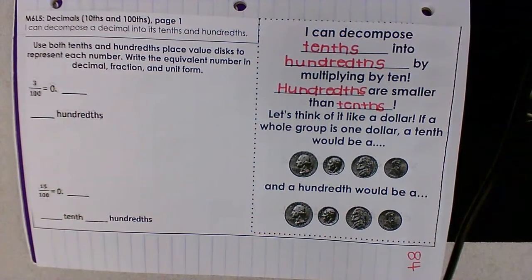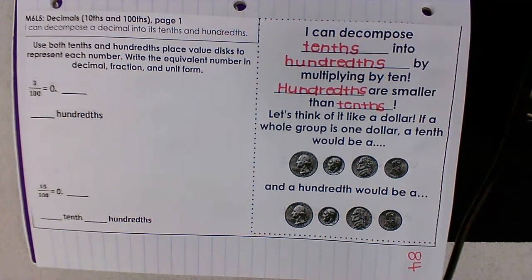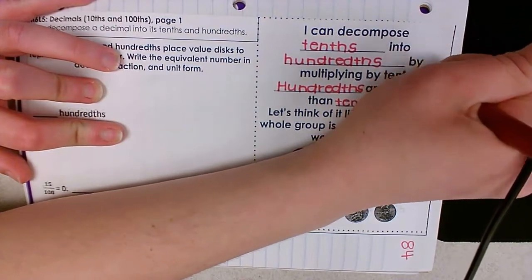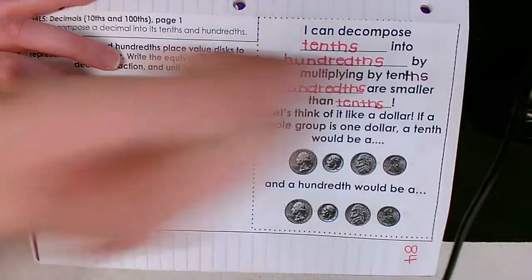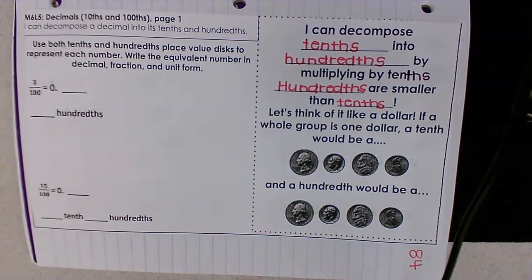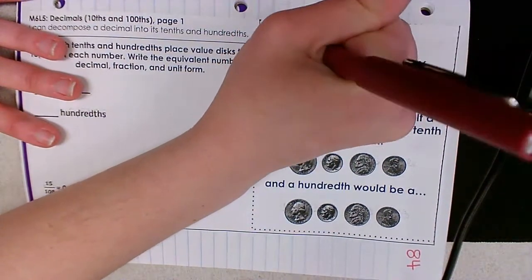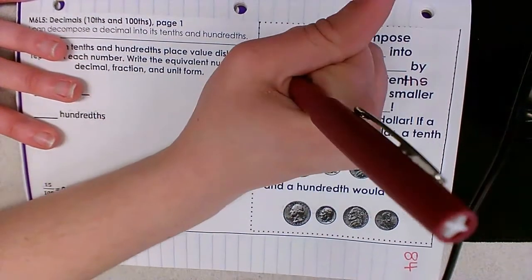Now there's actually a typo on your notes today, so I want to fix that with you right now. Instead of saying multiplying by 10, what we mean to say is multiplying by tenths, by breaking it down into smaller units. That's how we can change a 1/10 into a 100th.